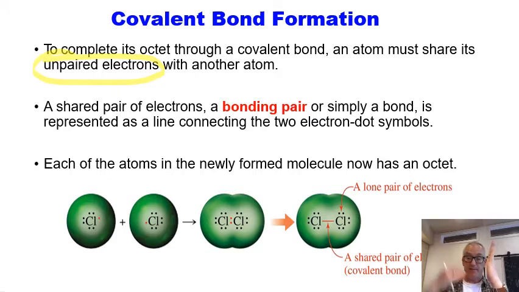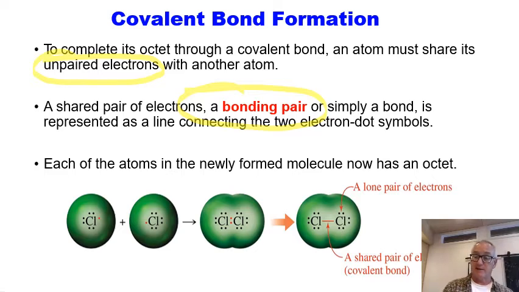One was spinning up, the other was spinning down. And so when they're paired, they achieve stability. When they're unpaired is when those electrons are the ones that get shared. So a shared pair of electrons is called a bonding pair, and we represent those as a line between the two elements.